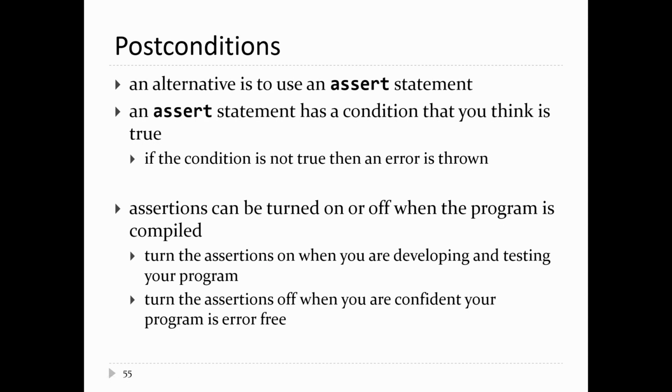So when you're developing your program and debugging it, or when you have to maintain and debug your program, you turn your assertions on, and that will help you catch any errors that you've made. Once you are confident that your program is working correctly, you can turn assertions off, and that gets rid of the check. So you no longer have to pay the price of checking the statement every time.